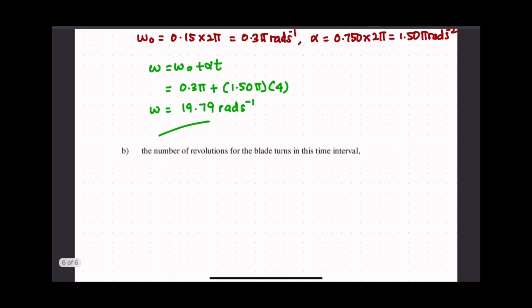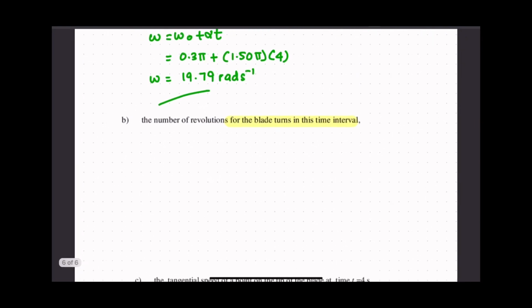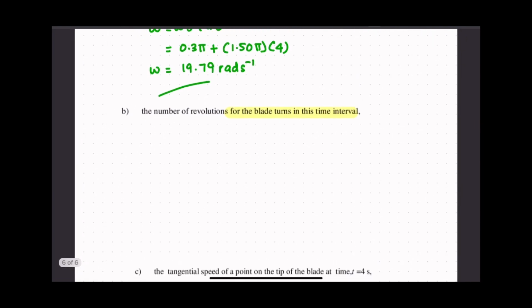Okay. So the next question is the number of revolutions the blade turns in this time interval. So it wants the number of revolutions, so we find theta first, because the number of revolutions n is equal to theta divided by 2 pi. So theta is equal to omega naught t plus half alpha t squared. This is the most suitable one because we have enough information.